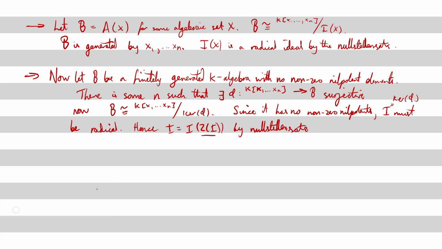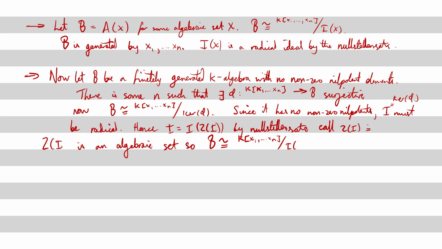Z of I is an algebraic set. So, B is isomorphic to k[x1, ..., xn] over I of Z of I, which is the definition of A of X, where X is an affine algebraic set.